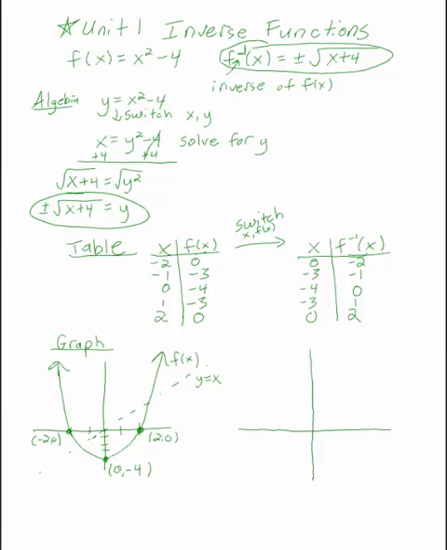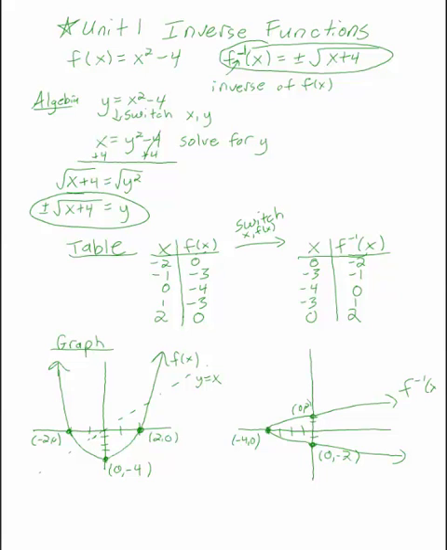So 0, -4 would move to -4, 0. -2, 0 would move to 0, -2. And 2, 0 would move to 0, 2. So that is the graph of f inverse of x.